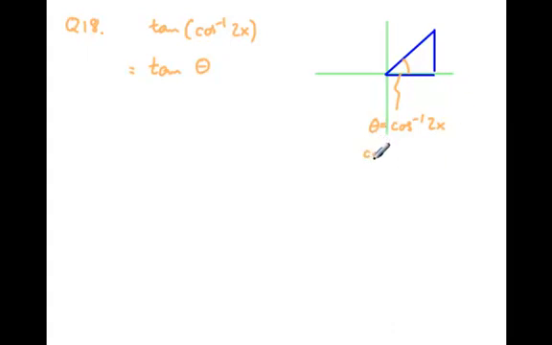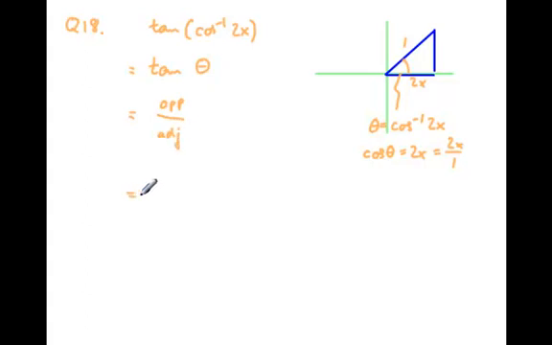Okay, that also means that the cosine of theta equals 2x, and it's the same as saying 2x over 1, and now I can define my triangle as saying that the adjacent is 2x and the hypotenuse is 1. And for the tangent of the angle theta, I have to figure out what the opposite is, and then of course the tangent theta is the opposite over the adjacent.